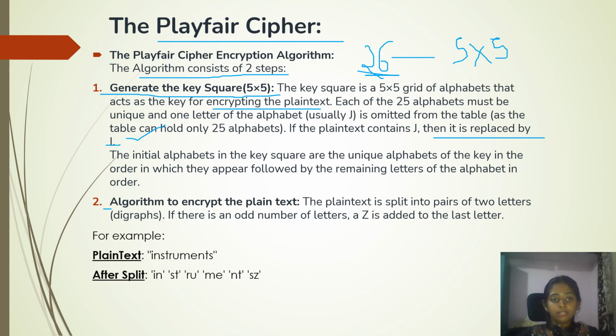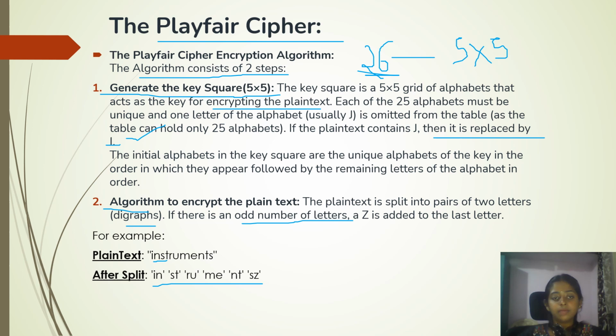So the second step is the algorithm to encrypt the plain text. The plain text is split into pairs of two letters, digraphs. If there is an odd number of letters, Z is added to the last letter. For example, if the plain text is instruments, we will be splitting it into pairs like IN, ST, RU, ME, NT, SZ.